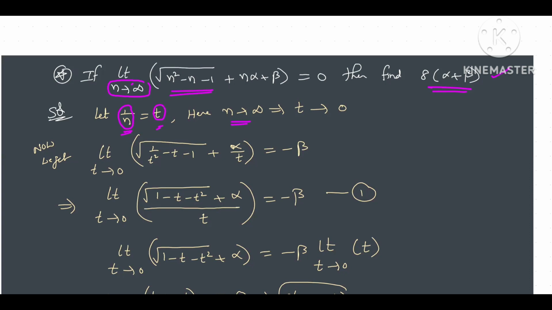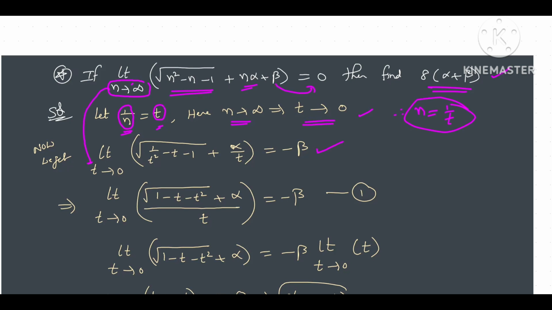Now n tends to infinity implies t tends to 0. So first convert the statement in terms of t: limit n tends to infinity becomes t tends to 0. So root under, what is n here? 1 by n is equal to t, so n is equal to 1 by t. So in place of n write 1 by t square minus t minus 1 plus alpha times 1 by t, alpha by t, plus beta; sending beta to the other side, we get minus beta.